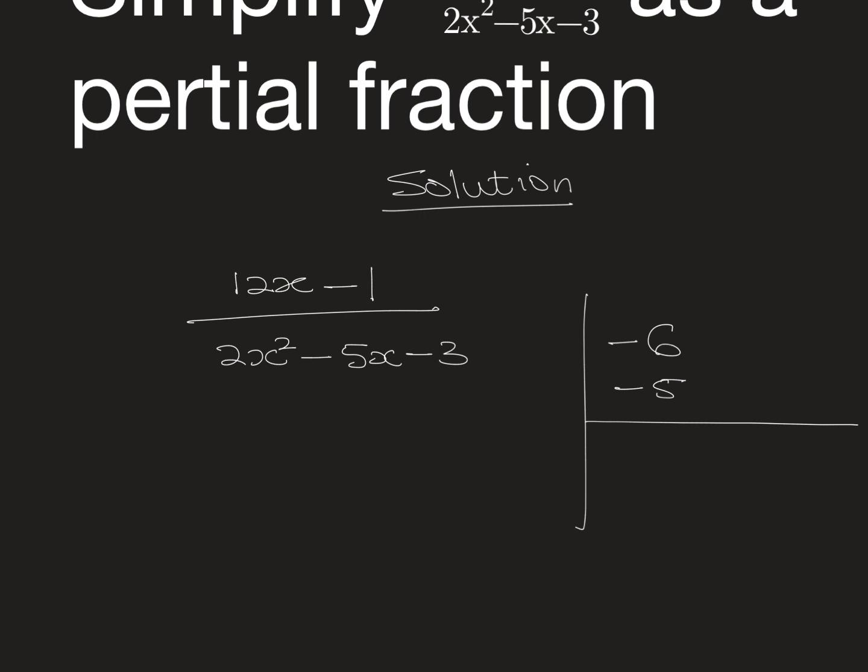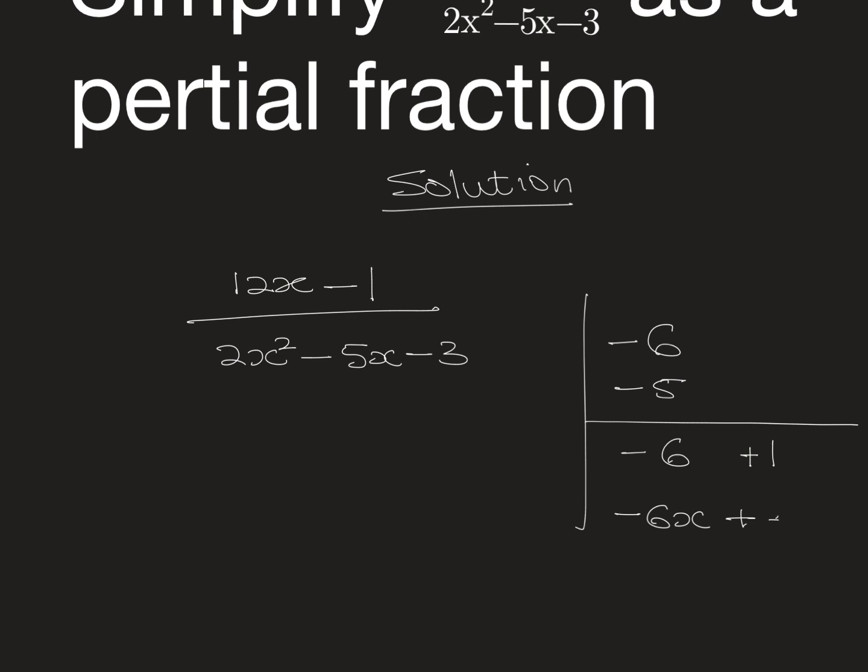Now the question is, what two numbers can I multiply to give me negative 6, but if I add them, I will have negative 5? Those two numbers are negative 6 and positive 1, because negative 6 times 1 will give me negative 6, but negative 6 plus 1 will give me negative 5. So we'll have negative 6x plus 1x, which is the same as just x.